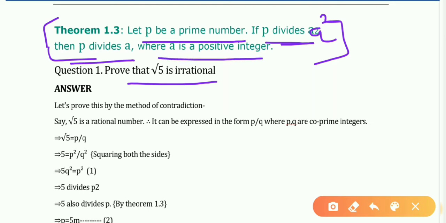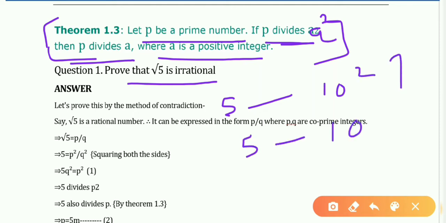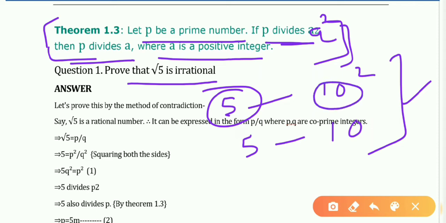Let us take an example. Suppose 5 is a prime number and 5 divides 10 square. Then 5 divides 10 also. So this is the concept used in this theorem: if p is a prime number and p divides a square, then p divides a also. I hope the concept of Theorem 1.3 is clear.